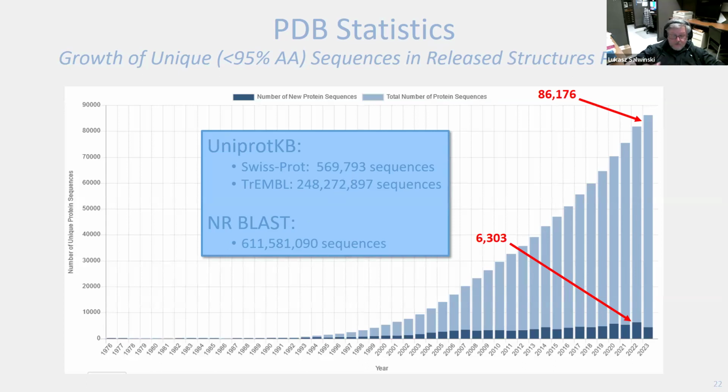If you look at NR-BLAST, we had even more. Those are sequences that are better characterized. NR-BLAST does have more sequences listed. Those are sequences that are observed in metagenomes and whatnot.